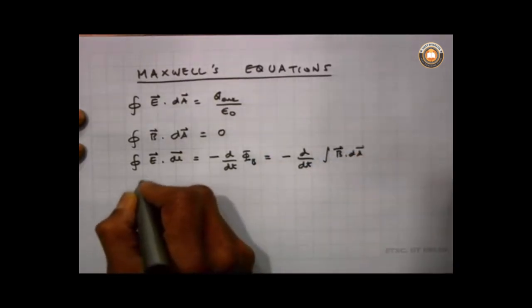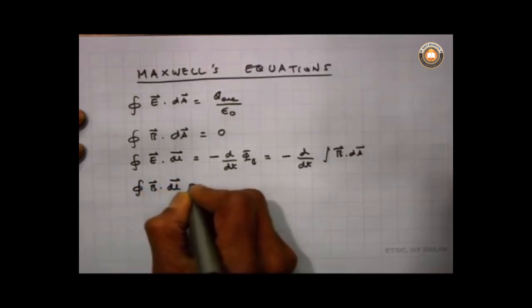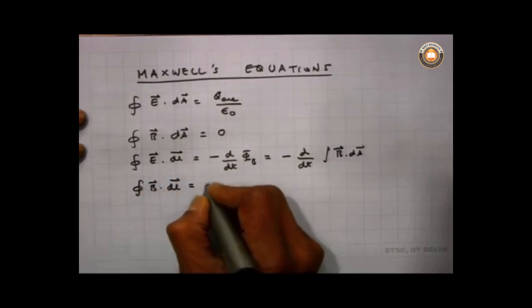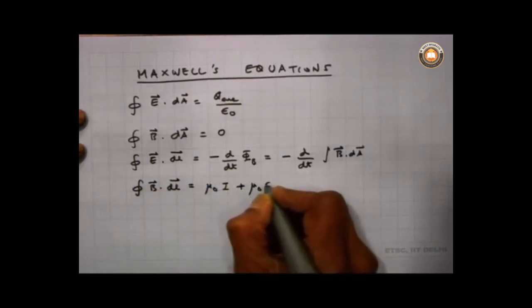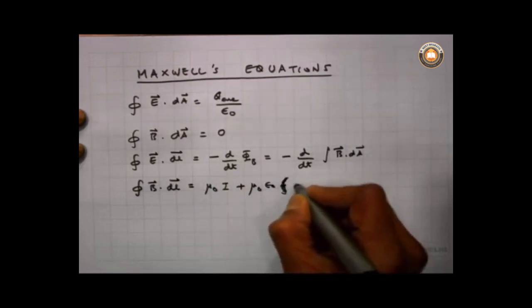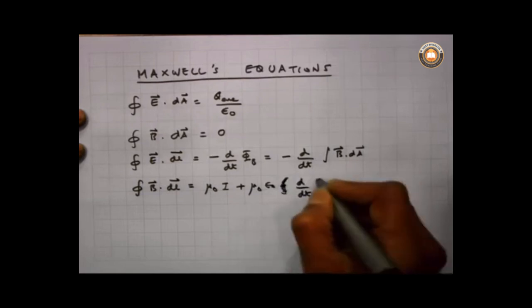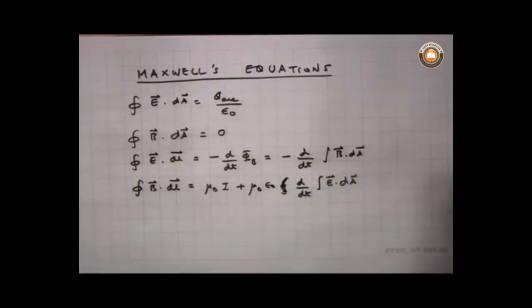And finally, integral B dot dL is equal to mu 0 I plus mu 0 epsilon 0 d by dt of integral E dot dA. These are the 4 Maxwell's equations in the form of integrals.